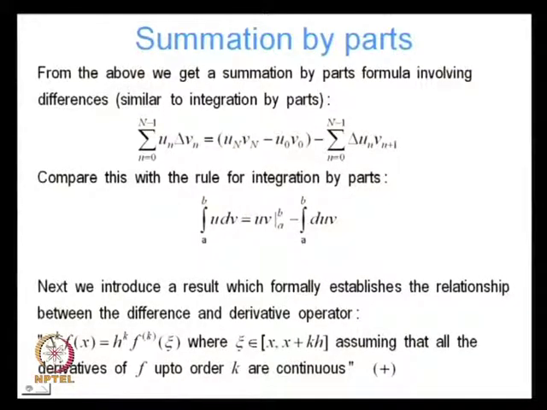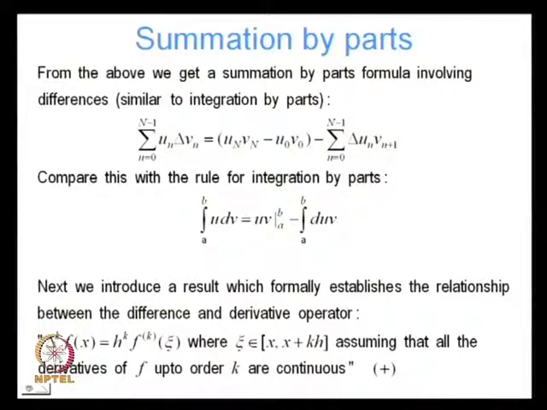It tells me that if I operate on the function f k times, I am going to get something very similar to the kth derivative of f, but the kth derivative of f not evaluated at x, the point at which I am taking the difference, but at some other point xi. And what is the range of xi?